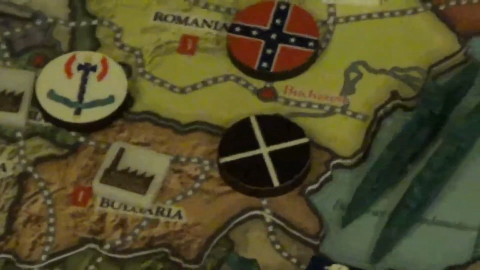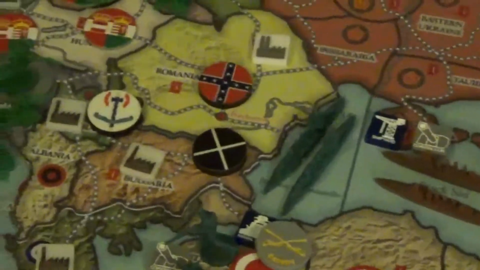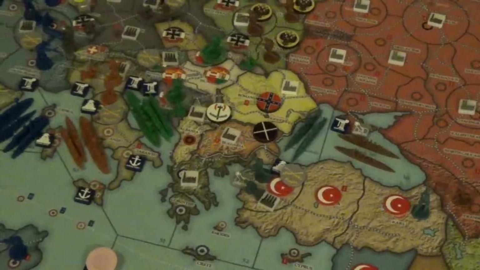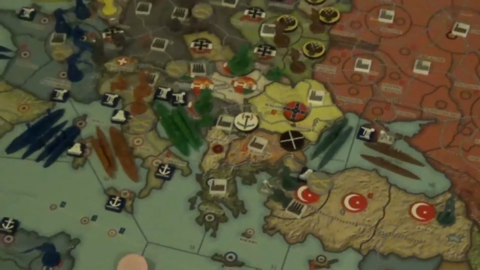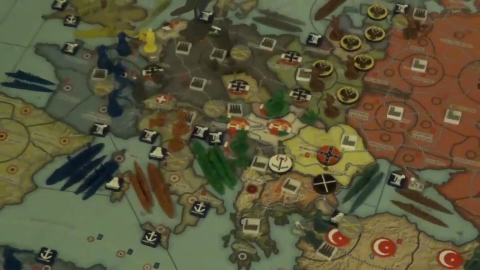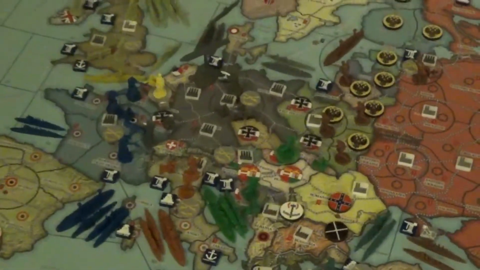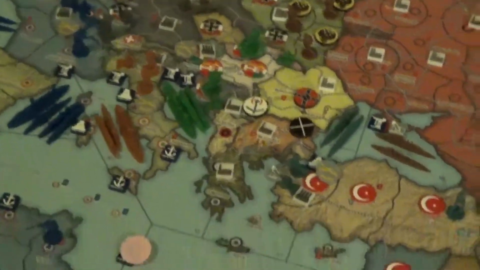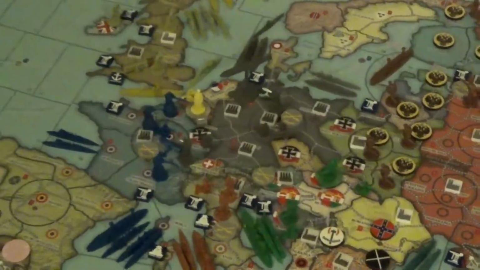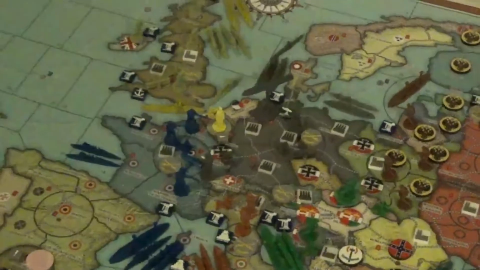Let's see. I feel like I'm forgetting a bunch of stuff, but I suppose I could tell you who's playing who. Viper will be playing the Central Powers, so Germany, Austria, Ottomans, and Bulgaria, and I will be playing the Entente Powers, which is pretty much everybody else.